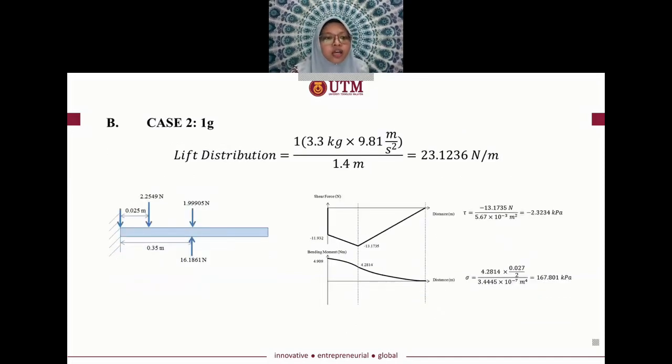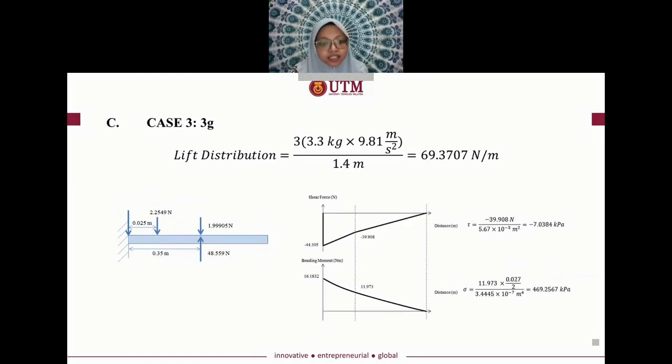For the second case, or 1G, we can see here that the maximum shear force is not at the wing-fuselage attachment, but instead at the center of the wing, with a value of negative 2.3234 kilopascal shear stress, while the bending stress is 167.801 kilopascal.